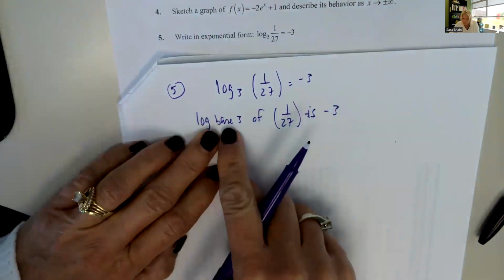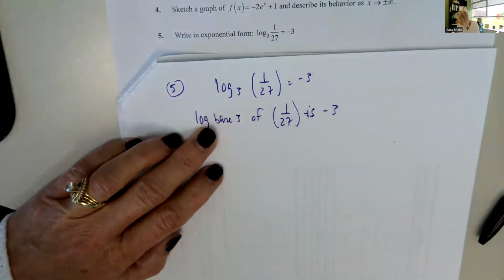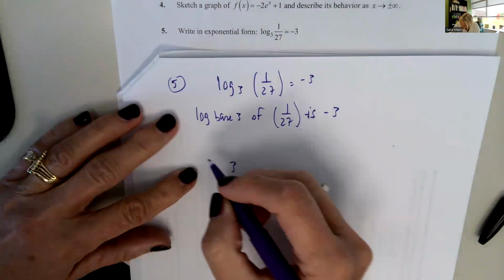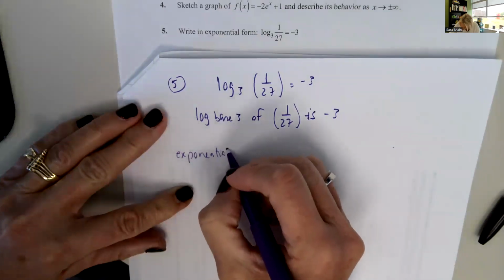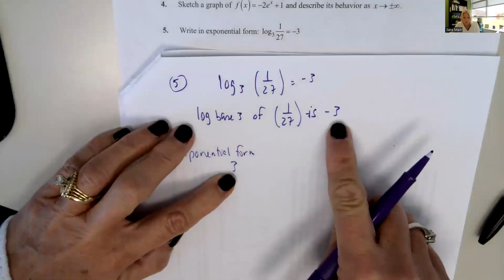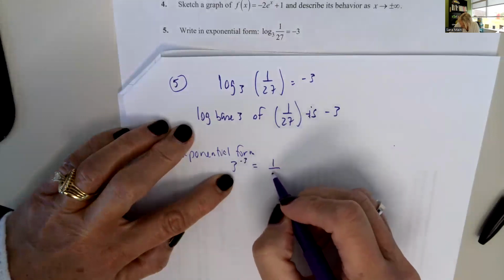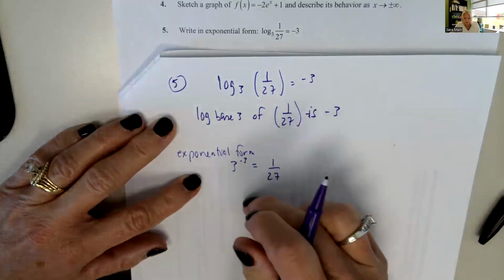So whatever your base is in the log form, it's also the base in the exponential form. So that means I have a base 3 in my exponential form. And I'm to the power of a negative 3. And that equals 1 over 27. And you can validate this in Desmos.